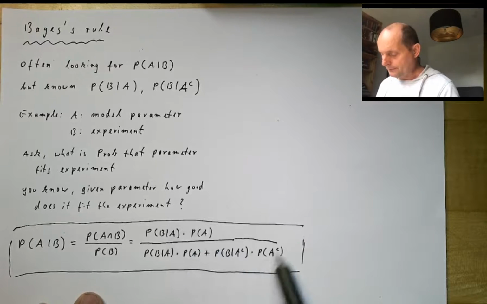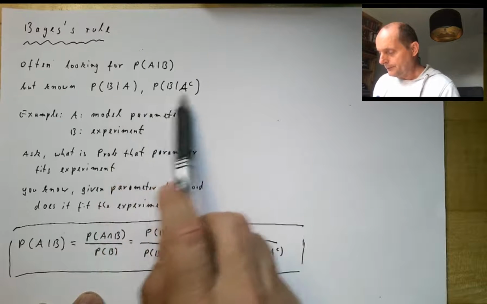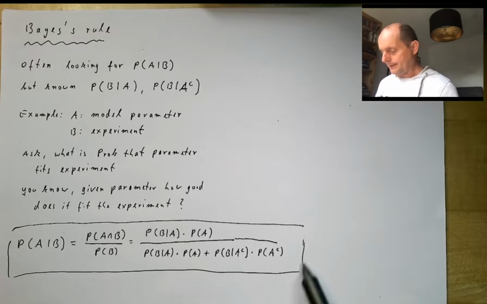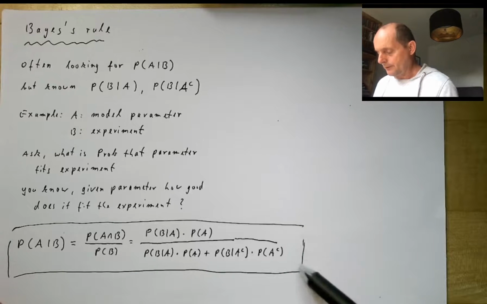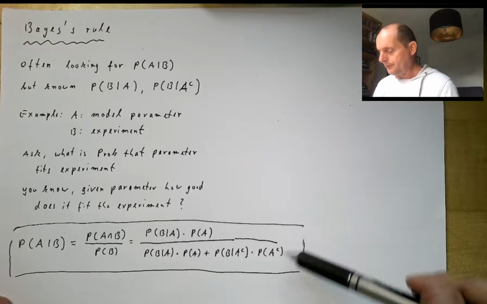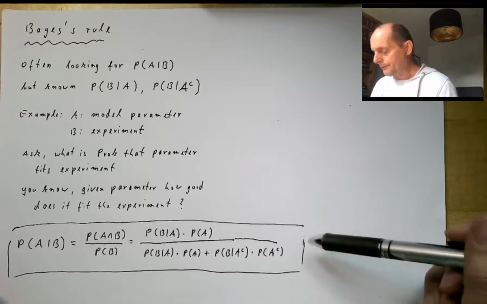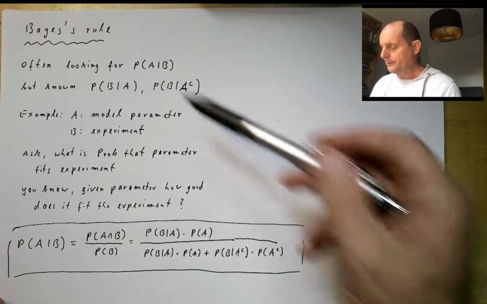So we have this expression here, and this expression has just the reverted conditional probabilities, and calculating this we're able to calculate the conditional probability A given B. When it's expressed like this, it's just simple arithmetic, but this actually is the starting point for the whole framework of statistical inference with the Bayes rule.